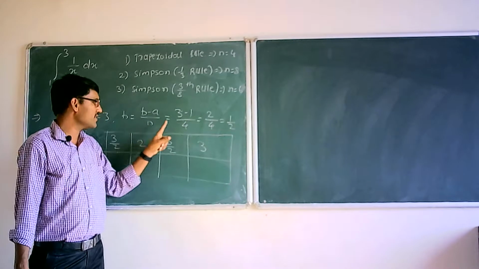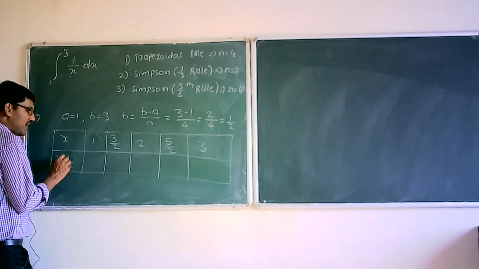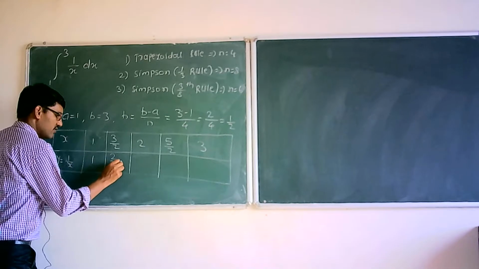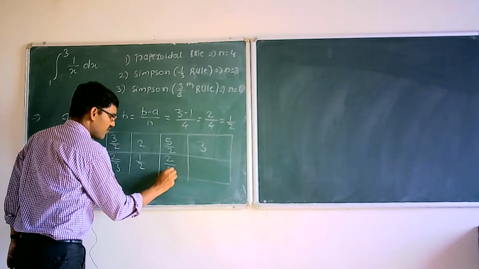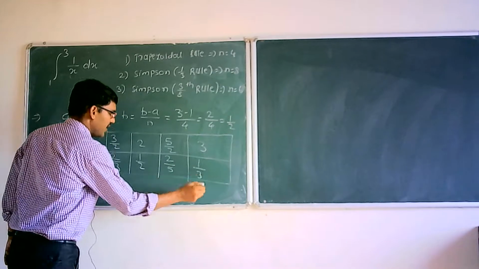h is b minus a divided by n. Now what is y? y is 1 by x. So 1, 2 by 3, 1 by 2, 2 by 5, and 1 by 3.